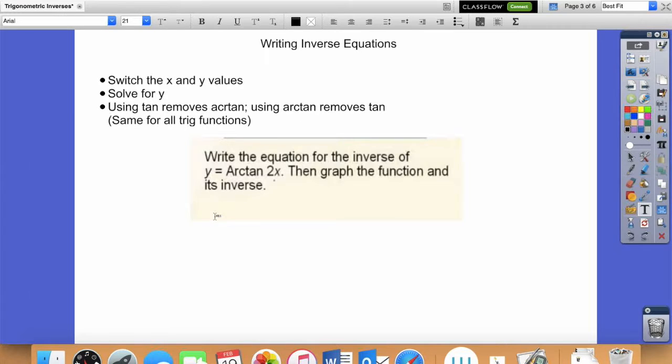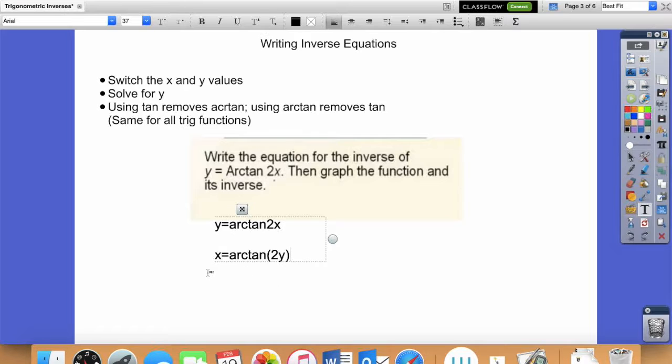So in this problem, our initial equation, let me make this bigger, is y equals arctan 2x. Our first step is to switch the x and the y values. So that becomes x equals arctan 2y. All I've done is switch the values. Now, we can pretend that this 2y is in parentheses, so it's stuck with the arctan.